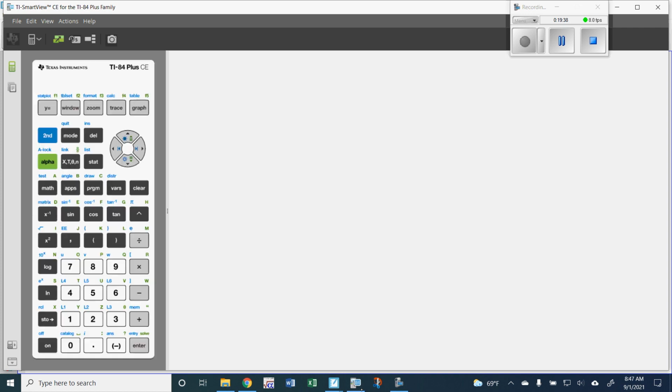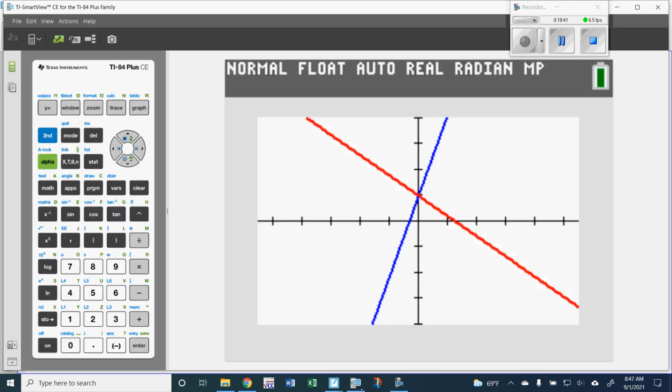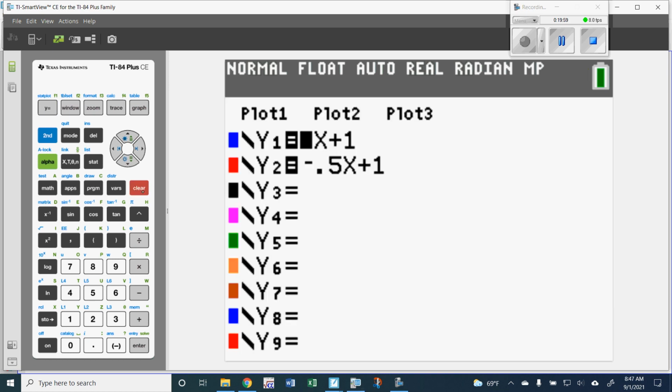So as I graph this, what was our limit from the right at 2? Infinity. What was the limit from the left? Negative infinity.